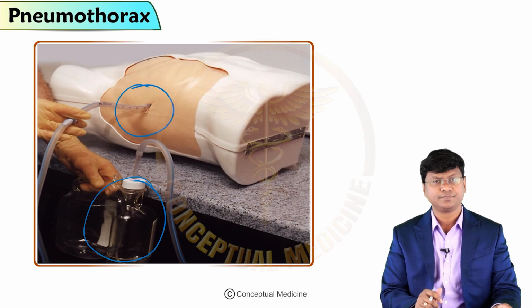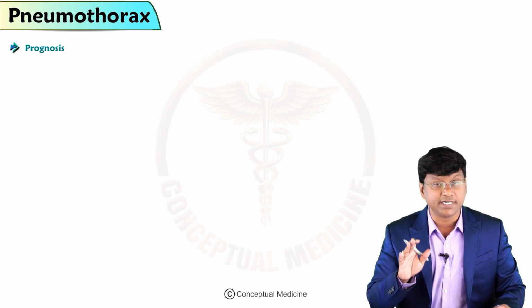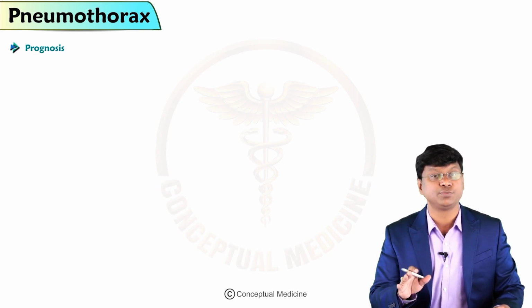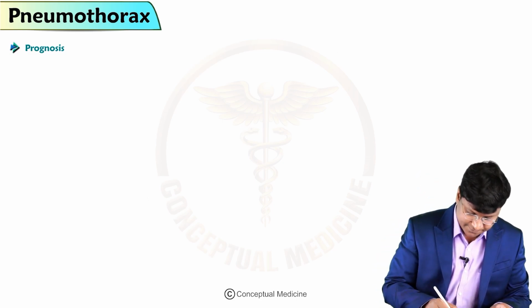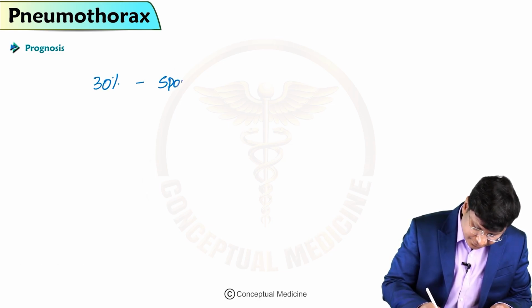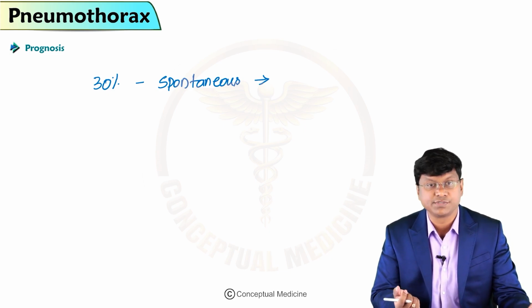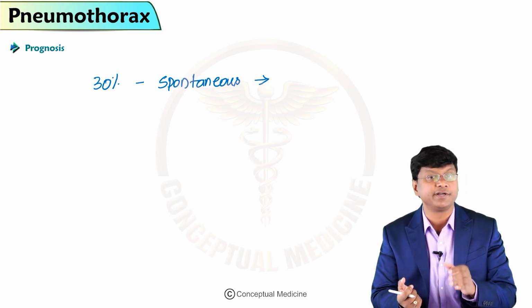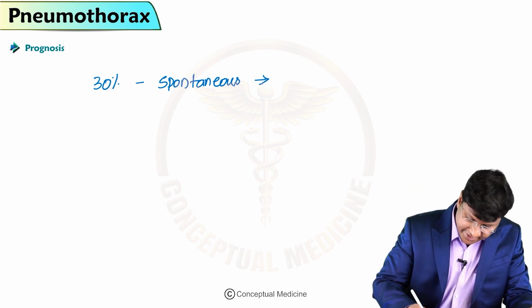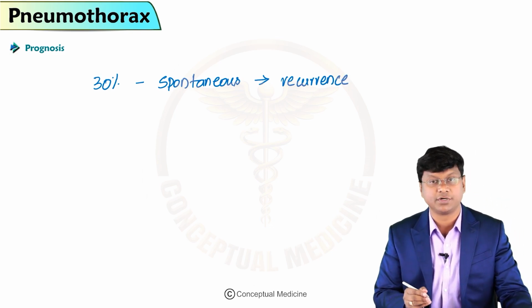And overall, how is the prognosis in patients with pneumothorax? An average of 30% of patients with spontaneous pneumothorax, either primary spontaneous or secondary spontaneous, experience the recurrence of the disorder.